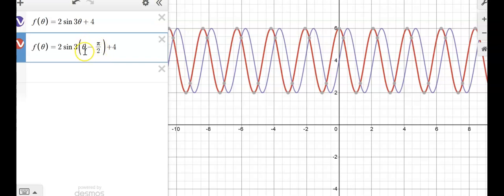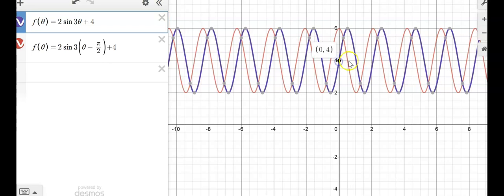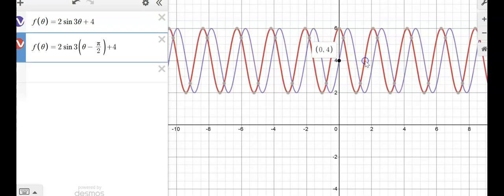Well, if we replace theta by pi by 2, pi by 2 minus pi by 2 will be 0, 3 times 0 will be 0, and sine 0 will be 0. So where is theta pi by 2? You're right, it's here.